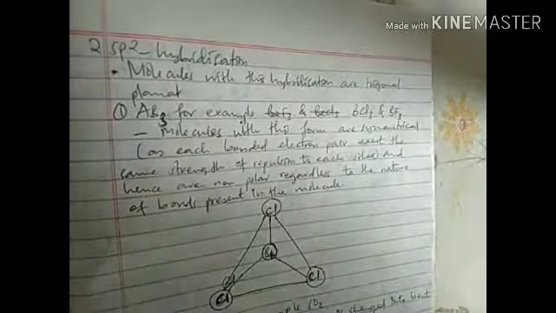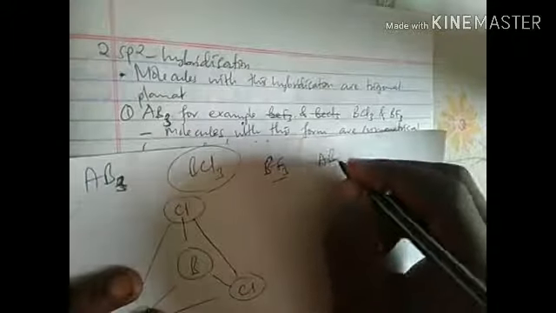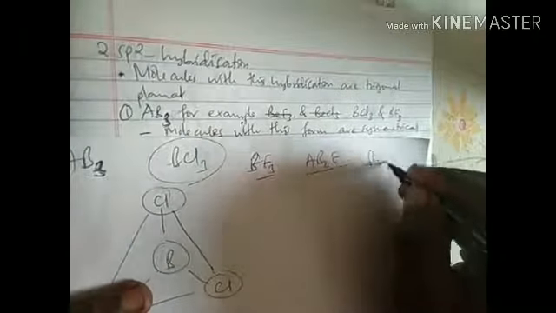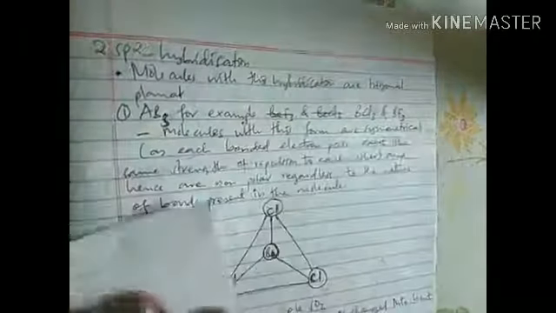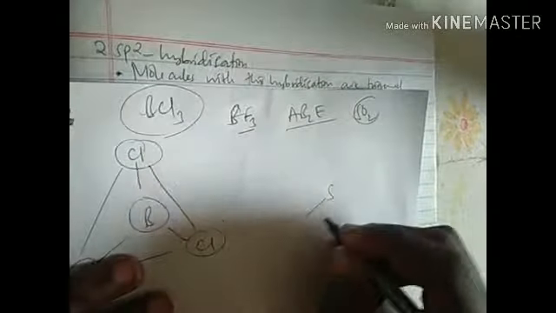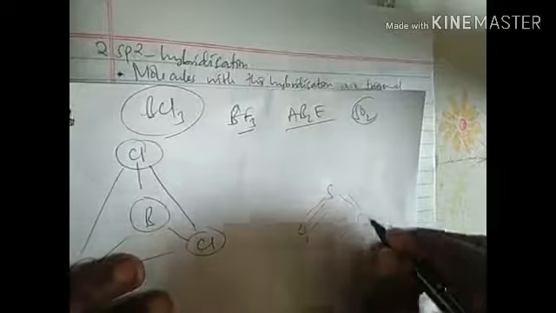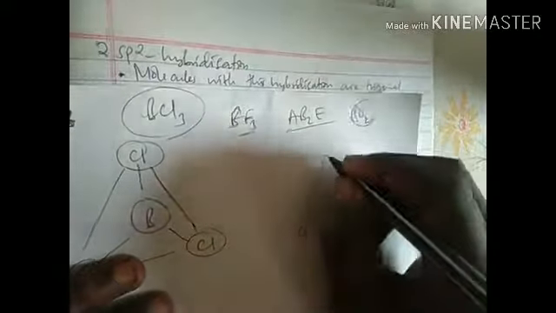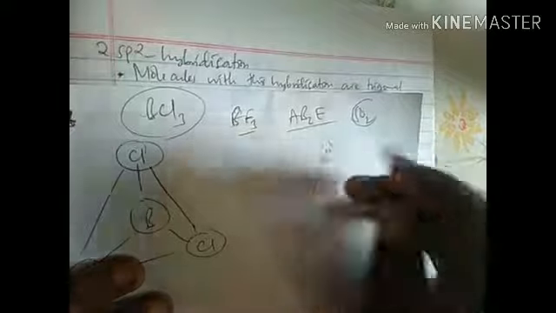So this will be the appearance of our molecule, trigonal planar. But for the case that we have a lone pair, for example AB2 and then one lone pair, our example here is sulfur dioxide. In sulfur dioxide, we have sulfur, and then we have oxygen, oxygen, and then we have a lone pair here.